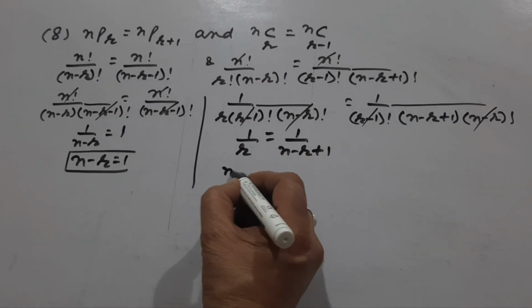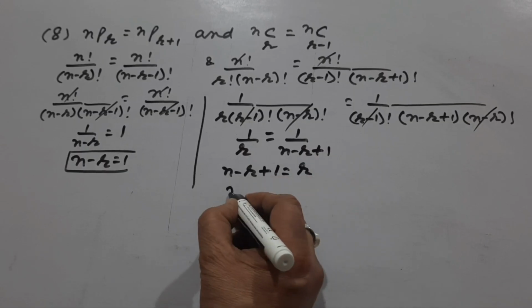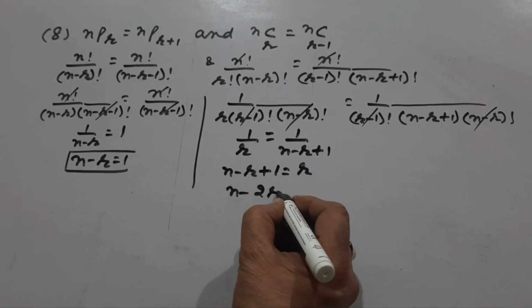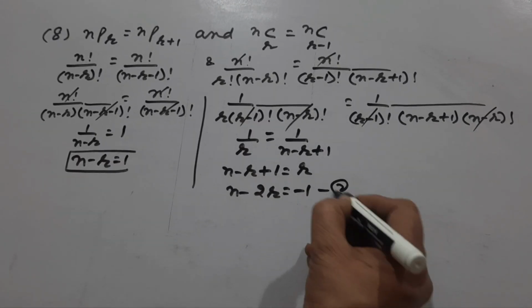So n minus r plus 1 equal to r, n minus 2r equal to minus 1. So this is our second equation.